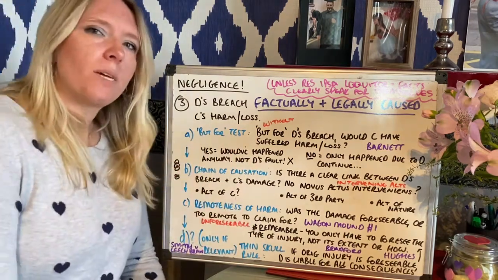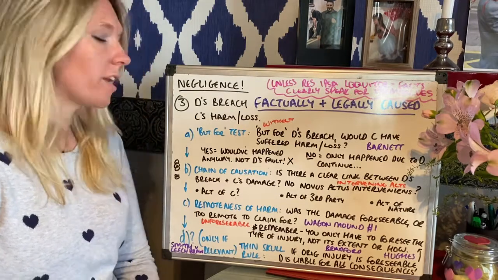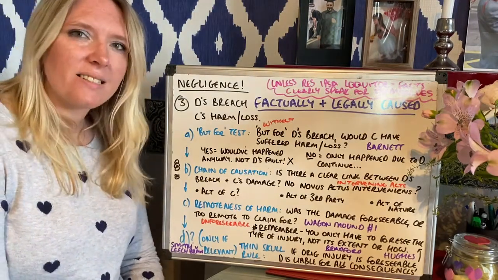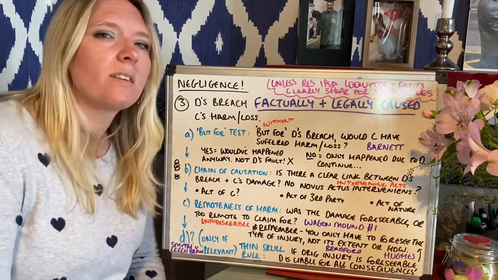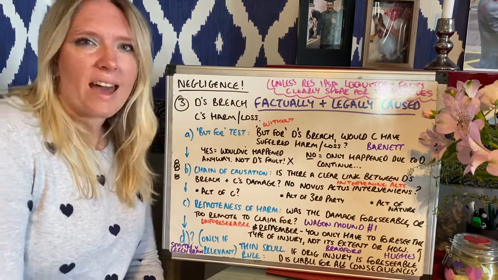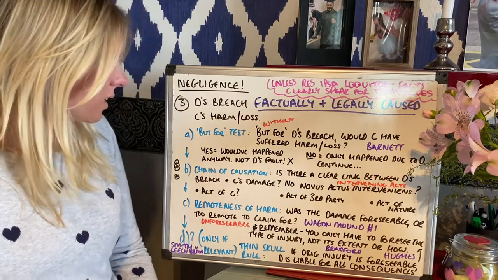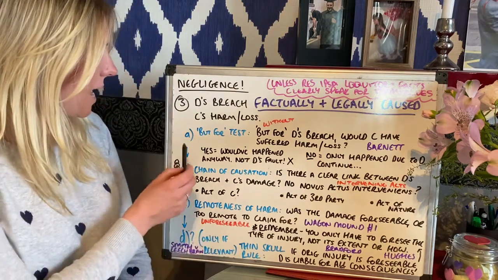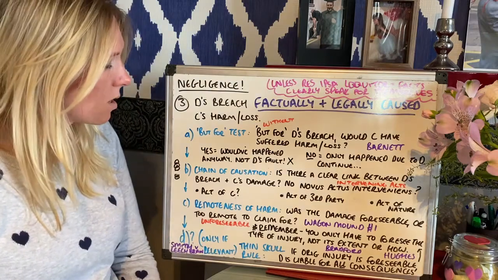The final element of causation, you don't need to look at in every scenario question. I would only discuss this if it's directly relevant to the scenario. In other words, if there are any hints of the thin skull rule. Sometimes you see it called the eggshell skull rule, means the same thing. So I would only discuss this if it's relevant. A, B and C are the three key elements of causation.